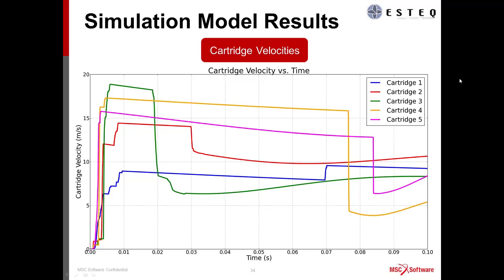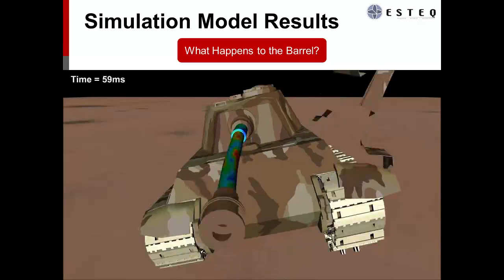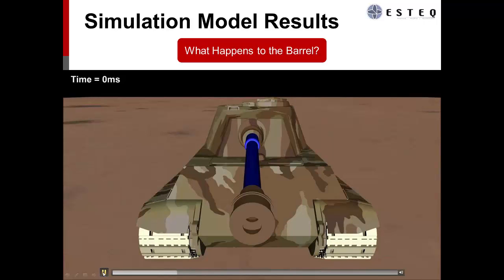So this is one of the responses that I found most interesting. What happens to the barrel under blast loading? The solid piece of steel that deflects very significantly. That I found pretty interesting.